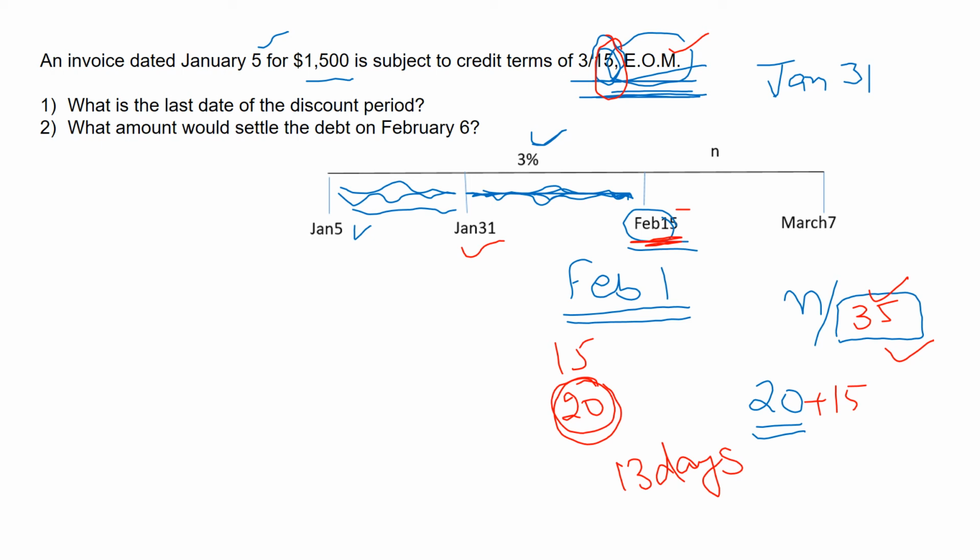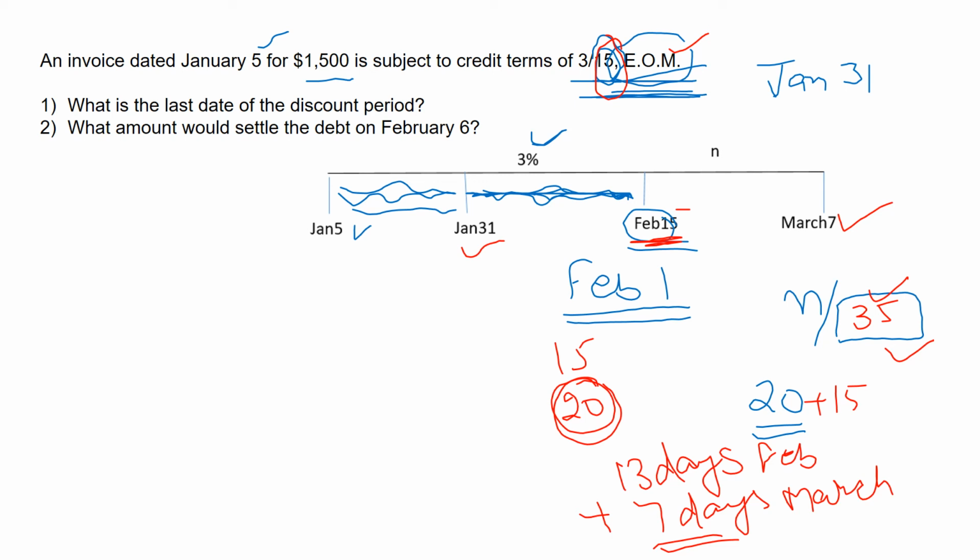So we end up at February 28, plus 7 days of March, the next month, right? So 13 days of Feb and 7 days of March. So we end up at March 7. So the net amount will be paid before or on March 7. So this is our timeline, right?